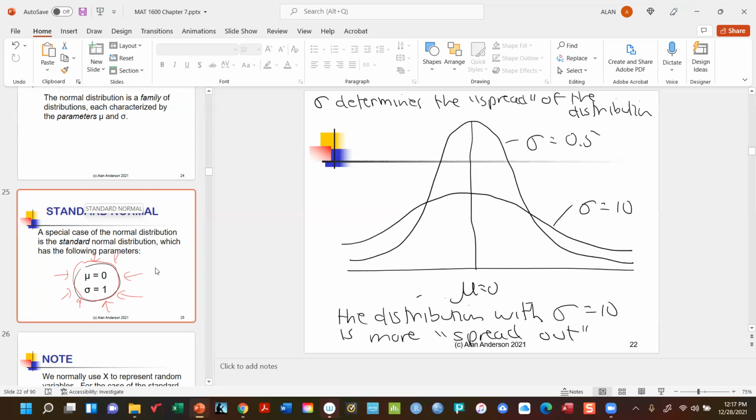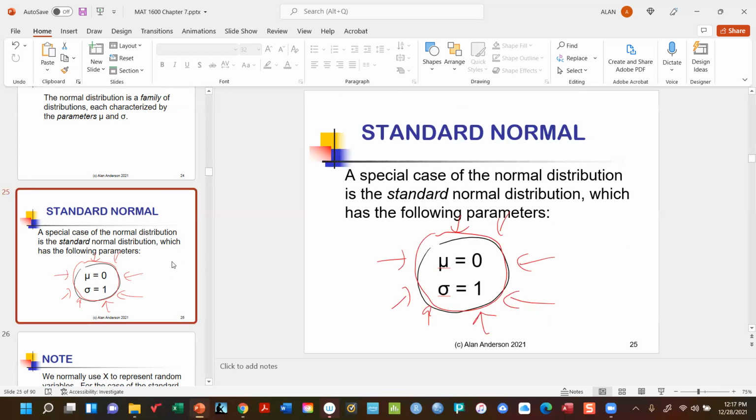Okay, so what is so special about this standard normal distribution? Well, what we have is a mean of 0 and a standard deviation of 1. Now, you might not think that's such a big deal, but it makes it easier to interpret our results. This is really one of the reasons why it's so popular.